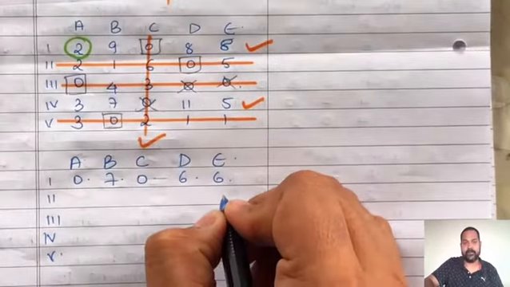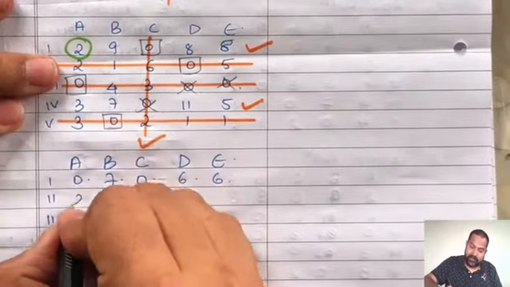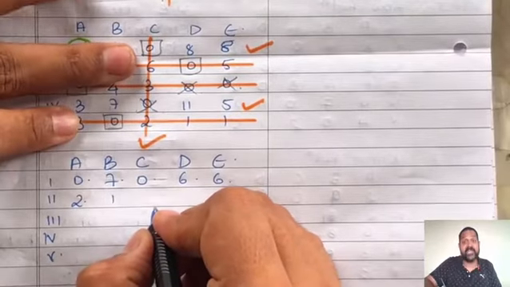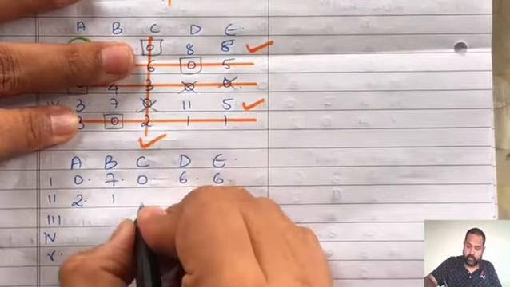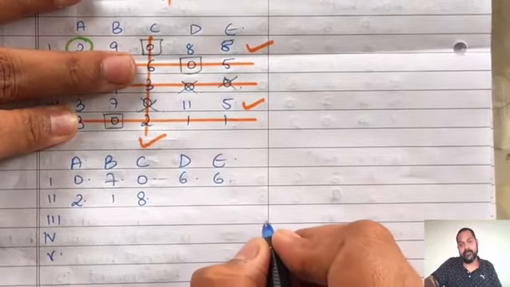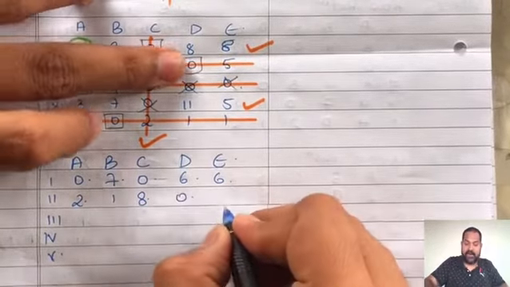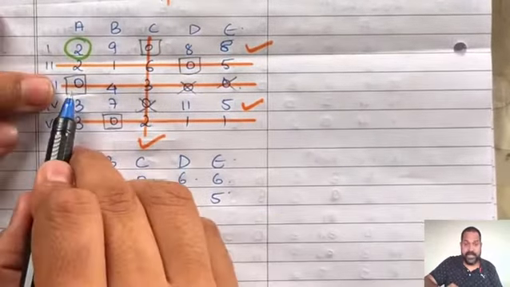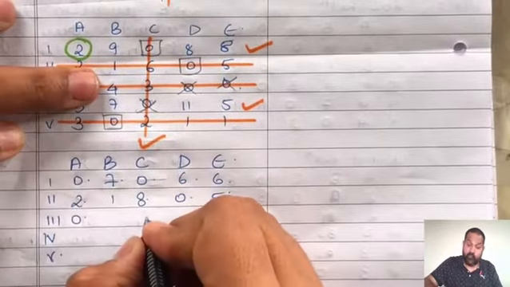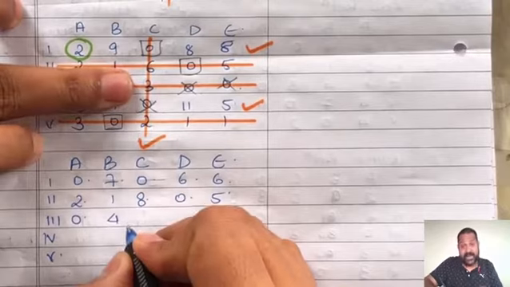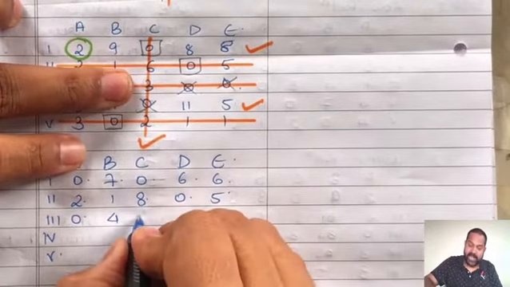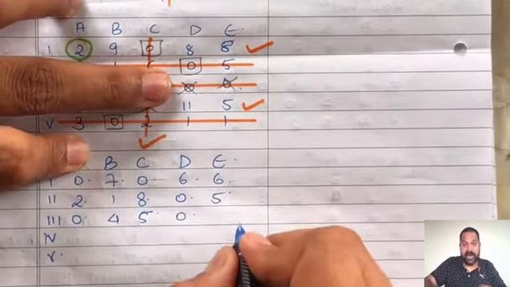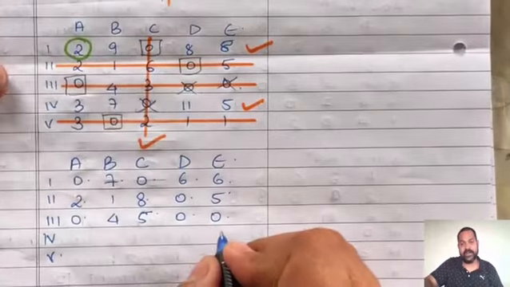Uncovered, subtract. 2 is single covered, untouched. 1 is single covered, untouched. 6 is at the junction. 6 plus 2 will become 8. 0 single covered untouched, 5 single covered untouched. 0 single covered untouched, 4 single covered untouched, 3 junction. At the junction I add 3 plus 2 is 5. 0 single covered untouched, 0 single covered untouched.